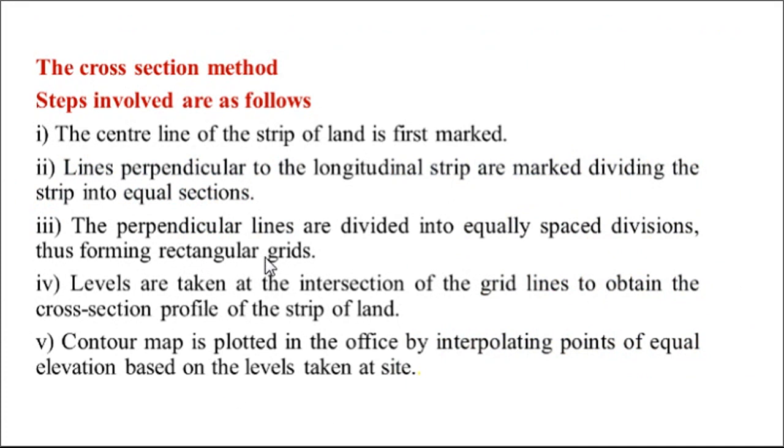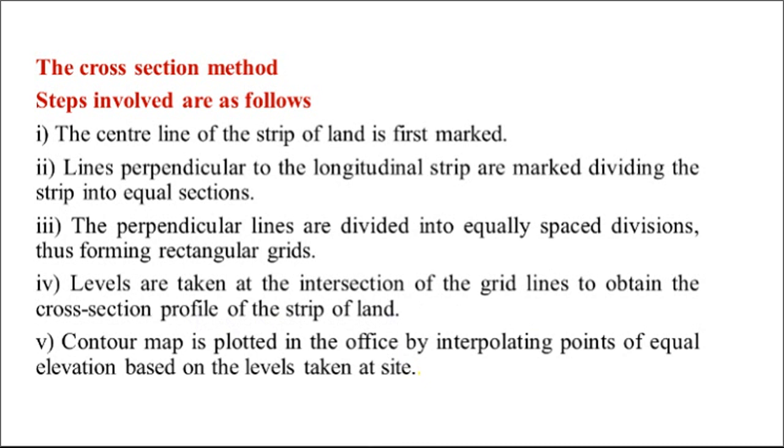Next one, the perpendicular lines are divided into equally spaced divisions, thus forming a rectangular grid. Next step, levels are then taken at the intersection of the grid lines to obtain the cross-sectional profile of the strip of land.